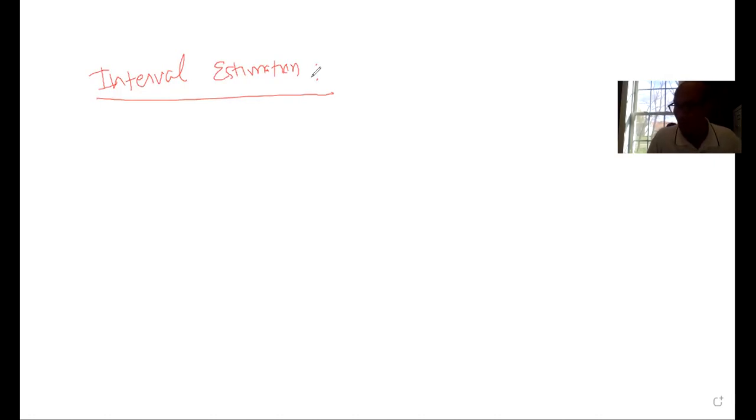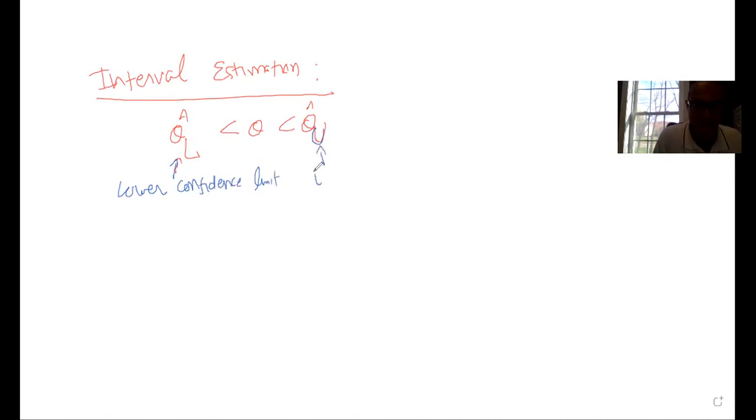Suppose you have theta L cap is less than theta U cap. What do you mean by theta L cap? Theta L cap is the lower confidence limit, and this theta U cap is the upper confidence limit.